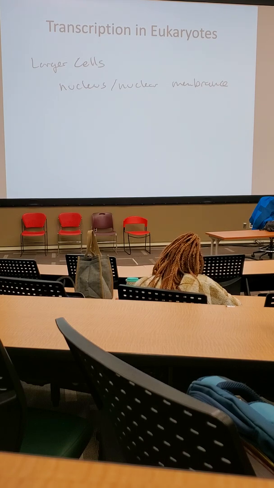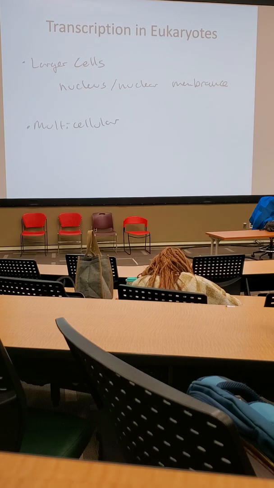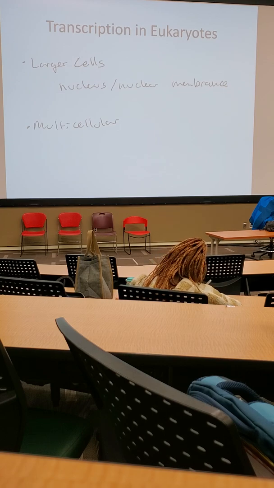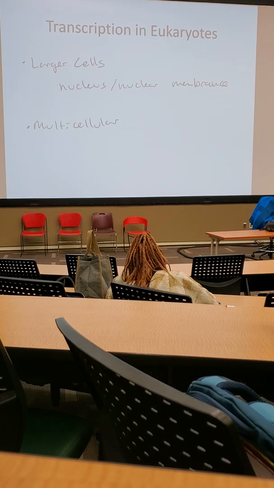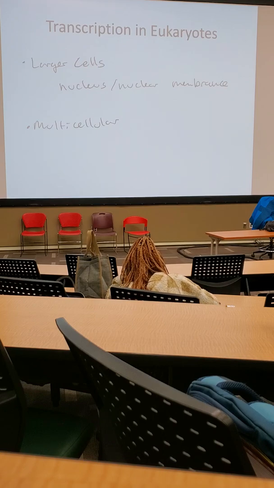Larger cells, what else? Do they usually occur singularly or in multicellular things? And if you're multicellular, usually you have cells that have specific function. You have kind of division of labor. So this is the really important part.